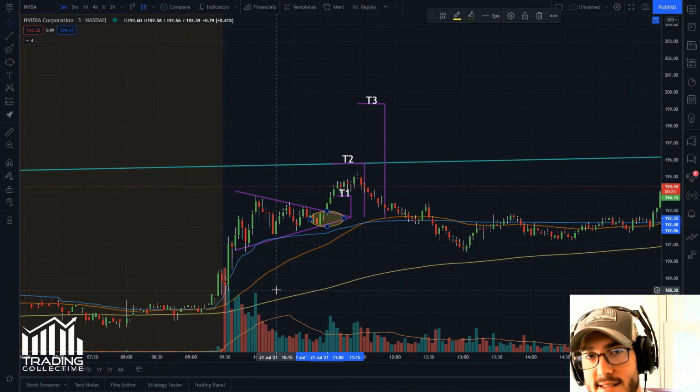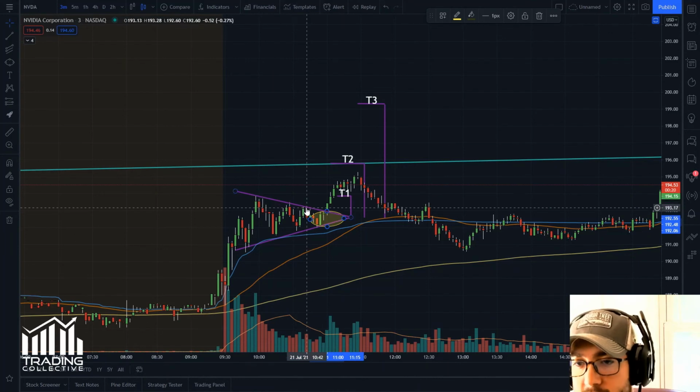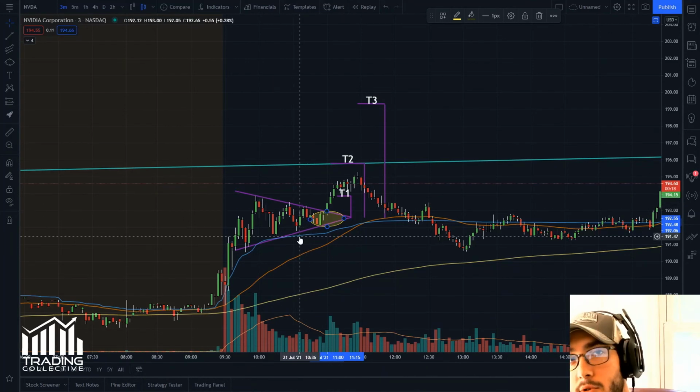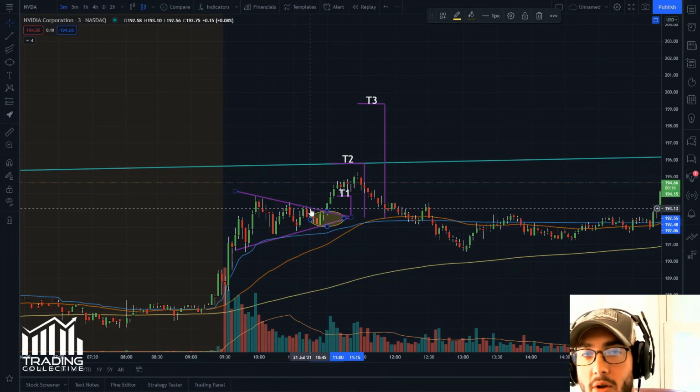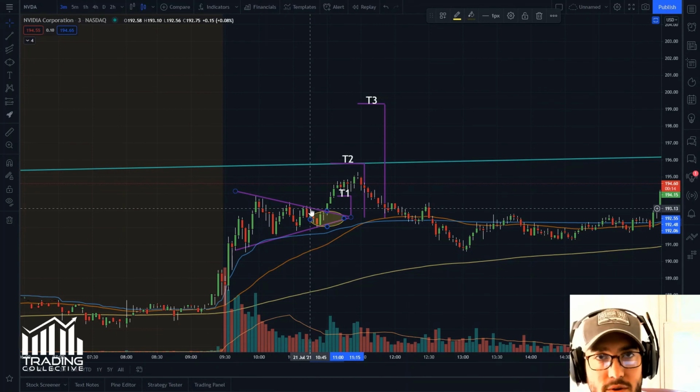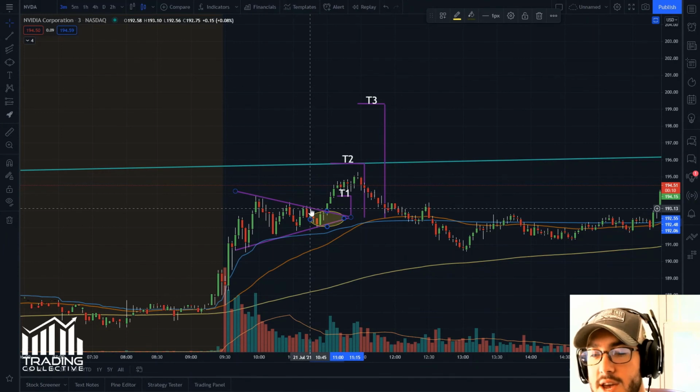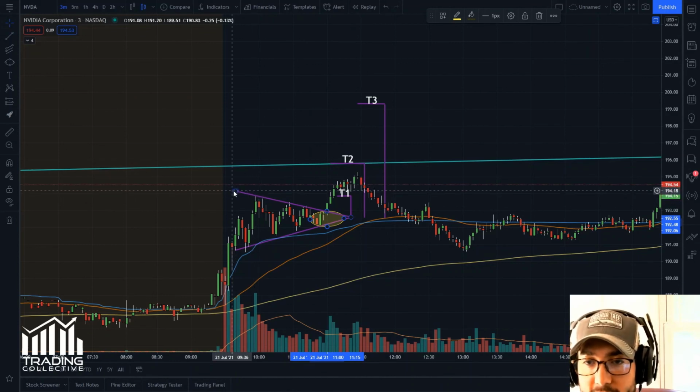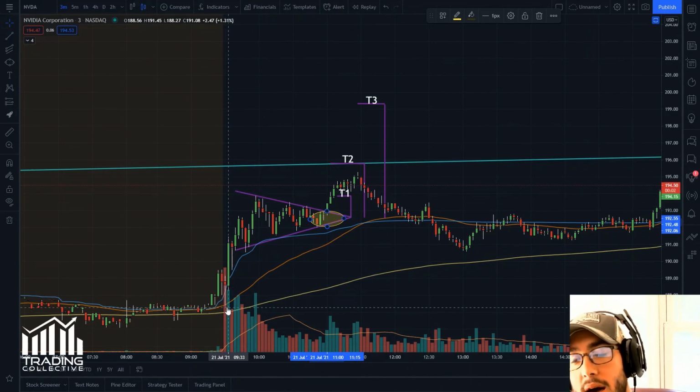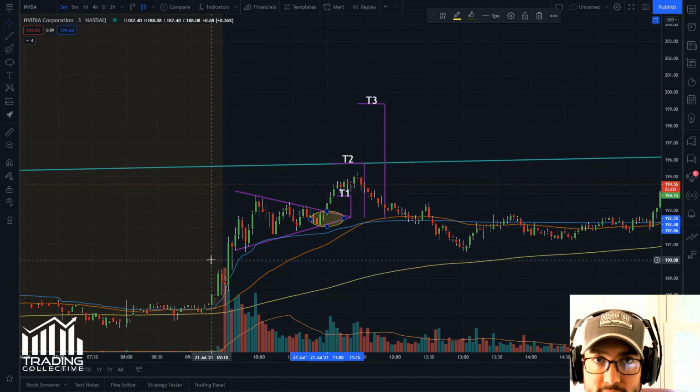Let that wedge get tighter, and then you can grab your T1, which remember T1 was one of the final moves. So about a little over halfway of the wedge, you can grab your T1, and then T2 is the top to bottom of that wedge. And then if it's a bull flag or something of that nature, you can grab the entire pole of that flag, the top of that wedge, all the way to the bottom of that move, and that can be your T3. So that's price targets.